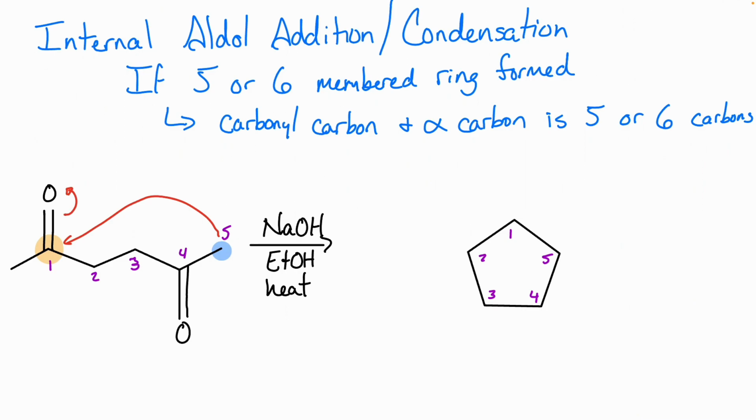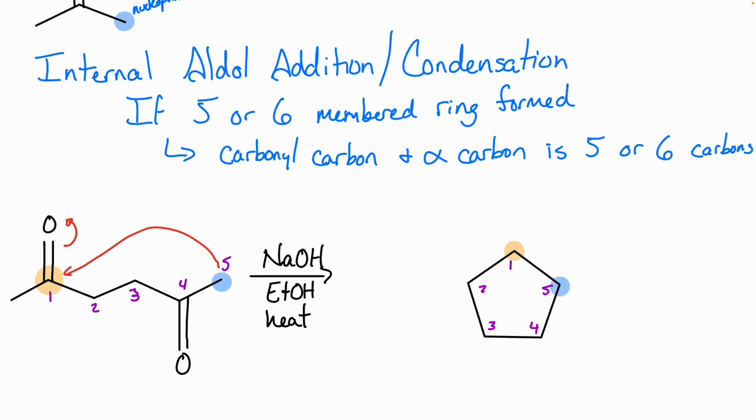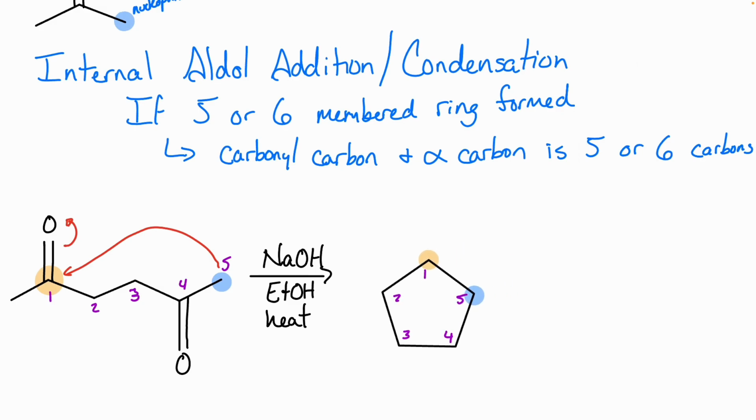According to my numbering, carbon 1 was the electrophile, and carbon 5 was the nucleophile. So that means that on carbon 1, I'm going to draw both the addition and condensation products here, just to kind of make a point.